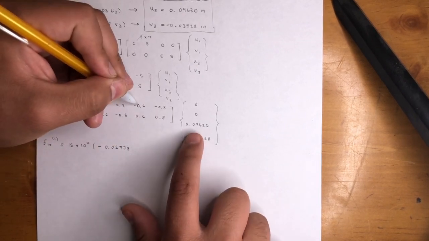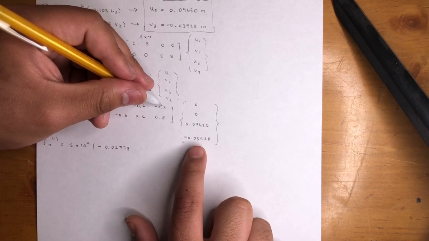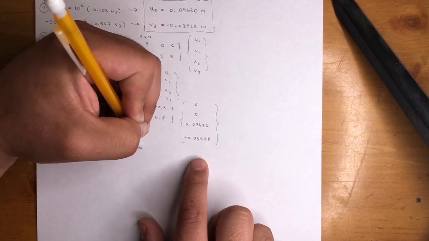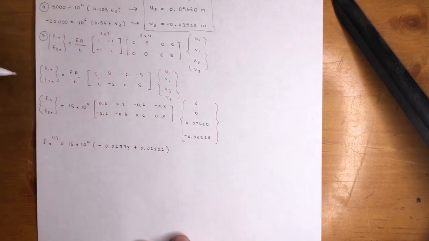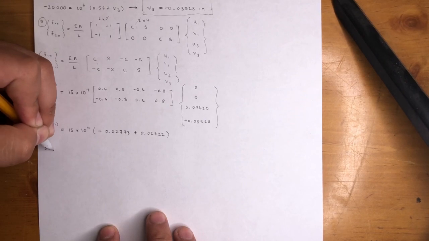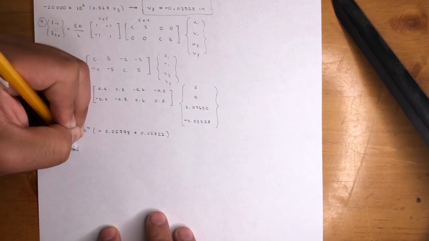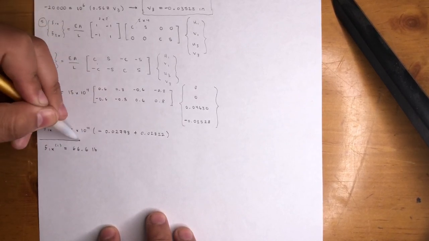Okay, that's negative 0.6 times 4630. Then plus negative 0.8 times this one. That's gonna be a positive 0.02822. Do the math right here. You will get f1x of element 1 is going to be 66.6 pounds. It's a very small number.